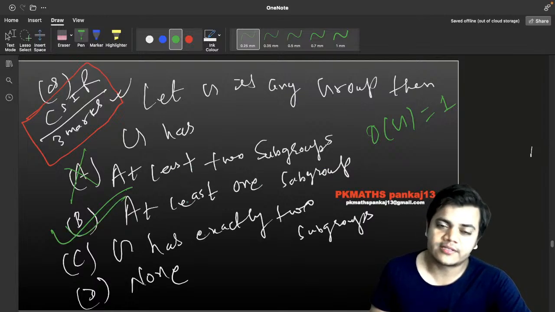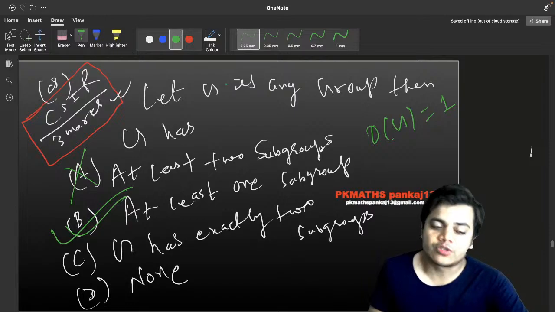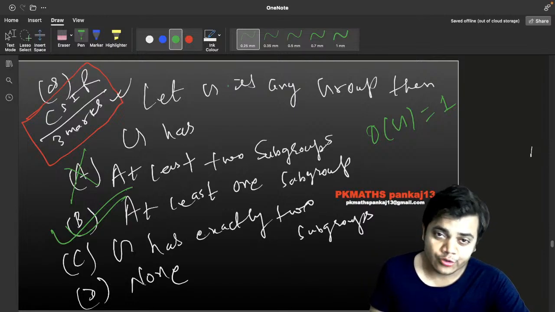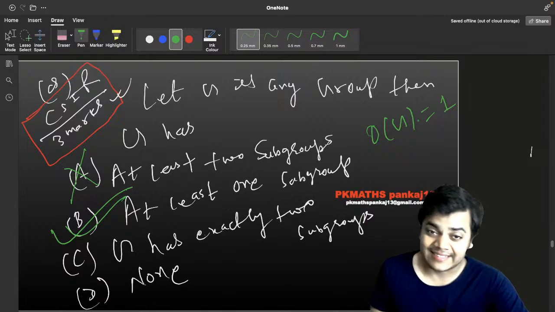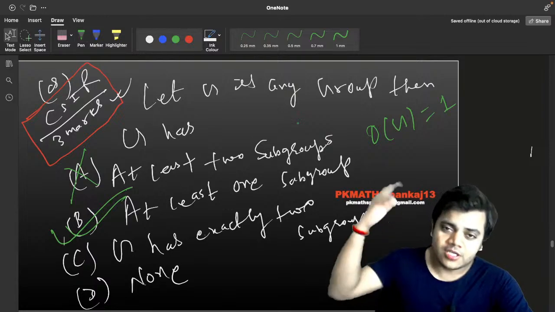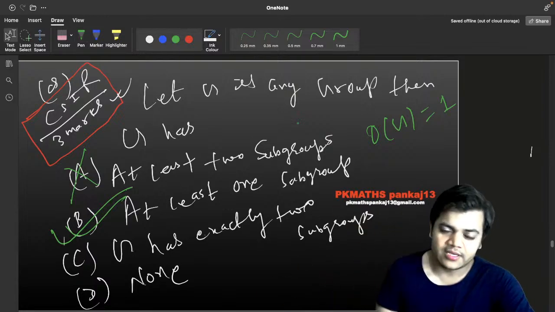It is not necessary otherwise, because the order of the group is not mentioned in the question. So you are free to take a group of order 1 as well, and in that case only 1 subgroup will be there. So if G is a group, then certainly the group will have 1 subgroup for sure.